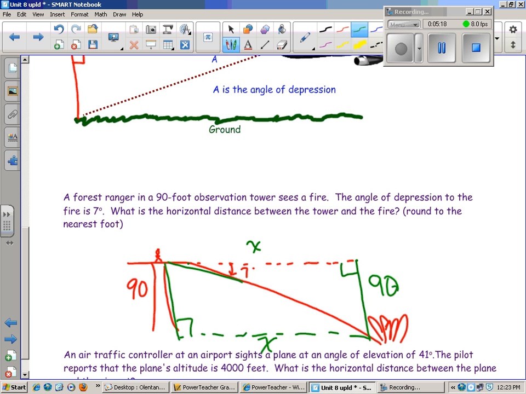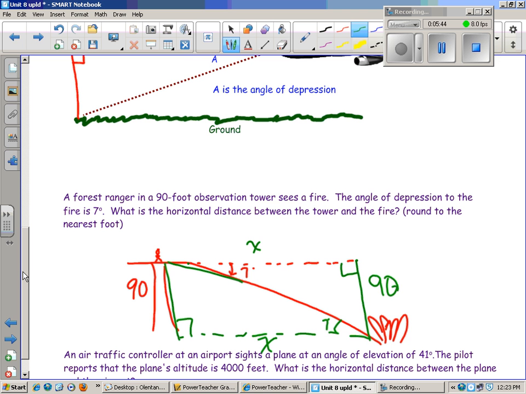The other way you can do it is these two lines are parallel, right? So what do we call this line? A transversal. And what do we know about these two angles? They're equal because they're alternate interior, right. You guys are so smart. So you could make that 7 degrees, and you could do your problem that way.